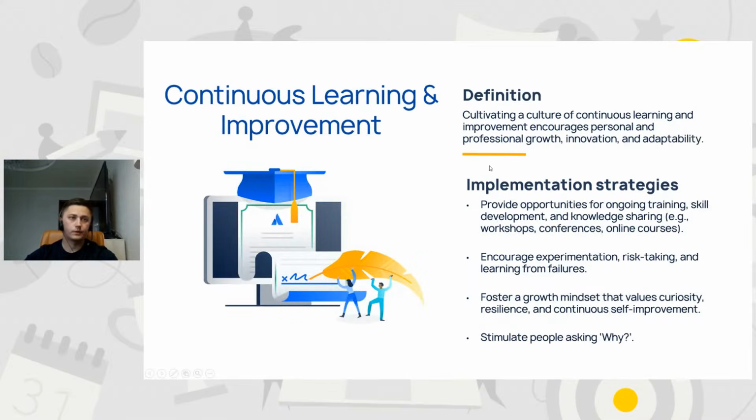And we should also not forget about continuous learning and improving, because when you build a product team, it's very needed to continue increasing the expertise of your product team members, because the product evolves, the market evolves, customer needs are changing, and they need to collect more and more information. They need to dive deeper into real problems of customers.